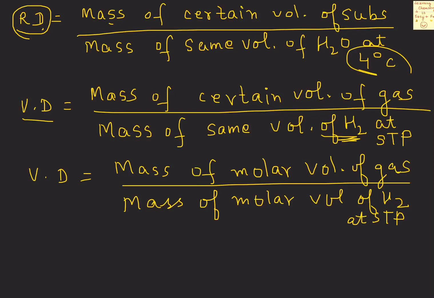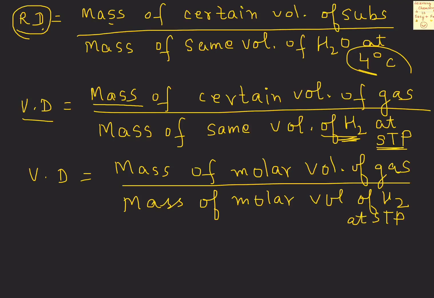We are talking about STP. So, vapor density is the mass of a certain volume of the gas divided by the mass of the same volume of hydrogen under the same conditions of temperature and pressure.